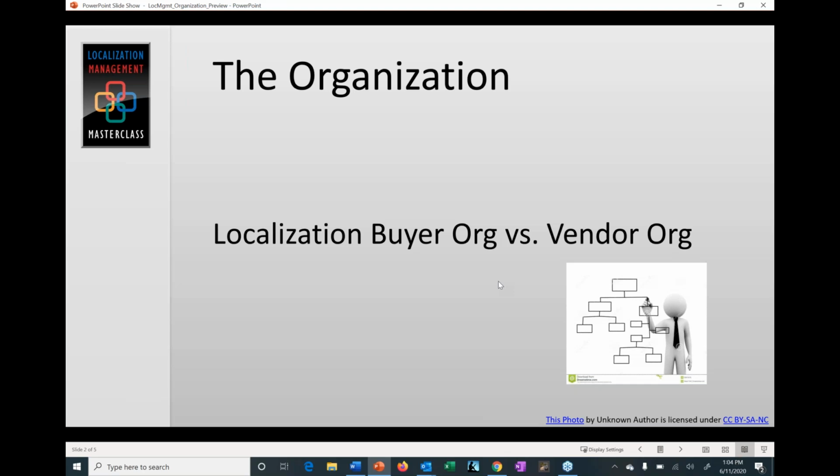And it means that you as the localization manager are in competition with those organizations that are creating the product for resources. And so part of your job in building your organization or managing the organization that you inherit is justifying those resources and defending them when necessary.